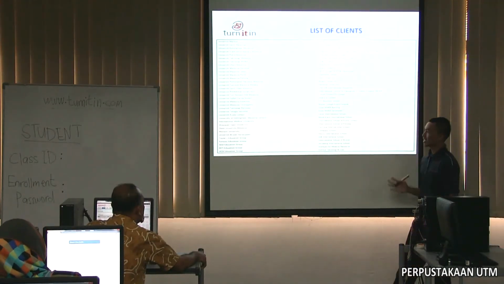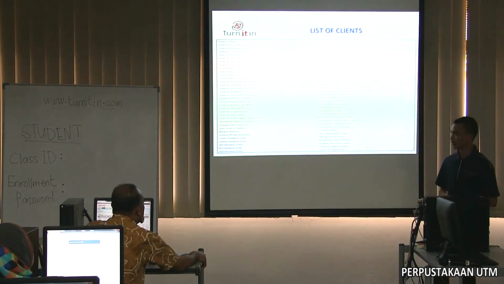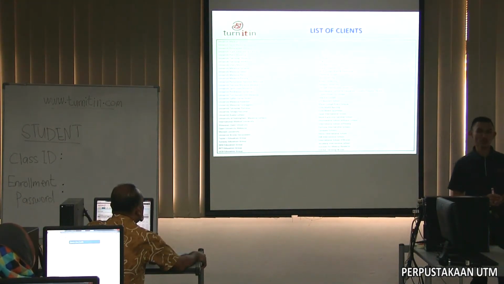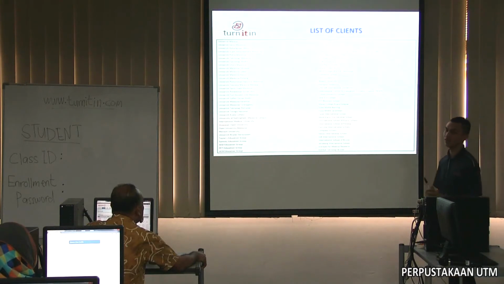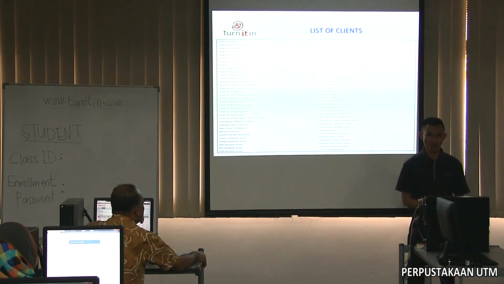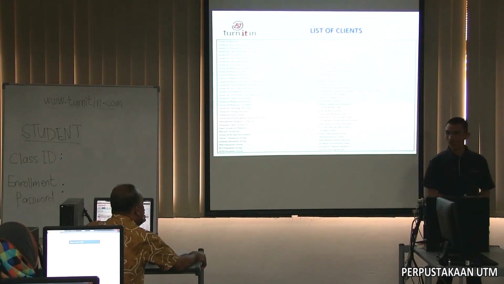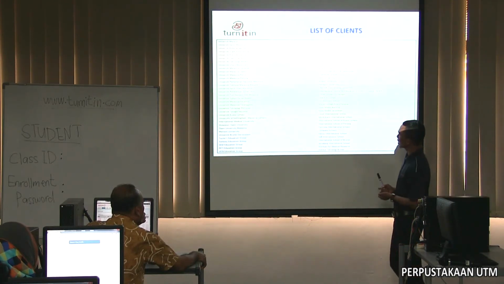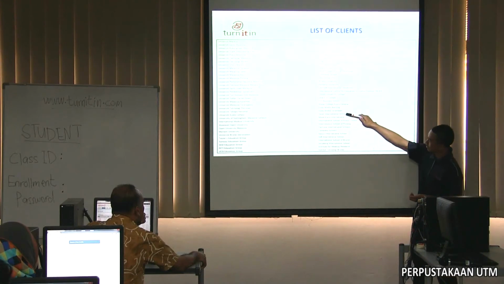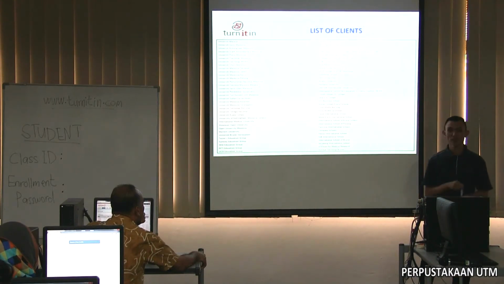These are the list of our clients in Malaysia. When we started in 2007, we only had 6 customers. The first 2 are Sunway and Monash University. They have to use Turnitin because of the learning program from the UK. The other 4 are international schools: Dalat, Mont'Kiara in Kuala Lumpur, and International School of Penang.